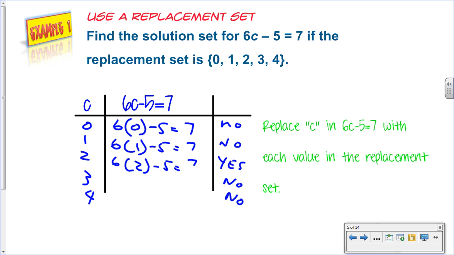Okay, this has one value and only one value. It's going to be a solution, and that's what? 2.